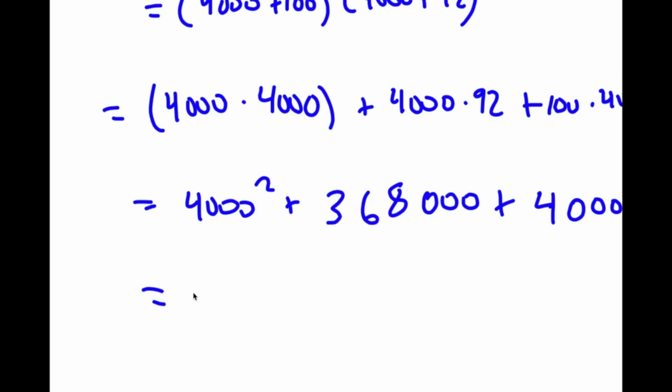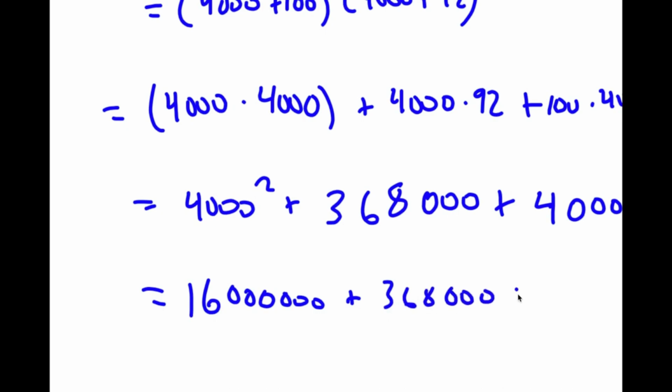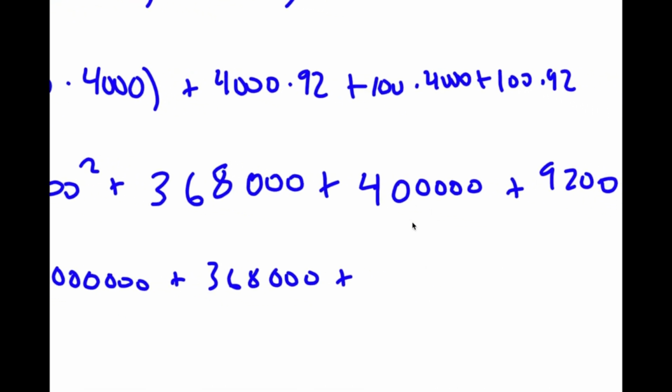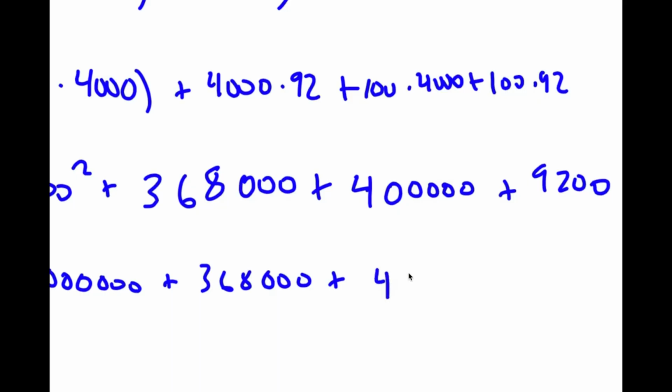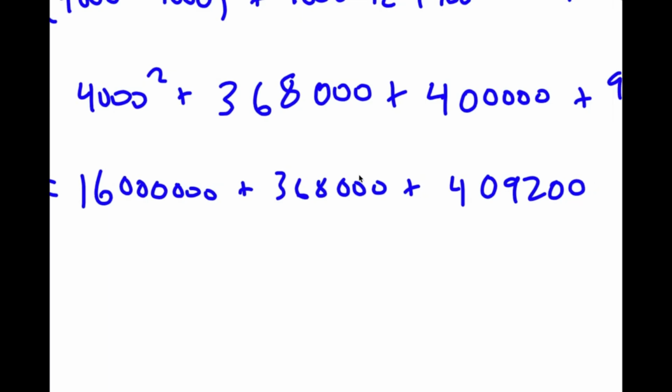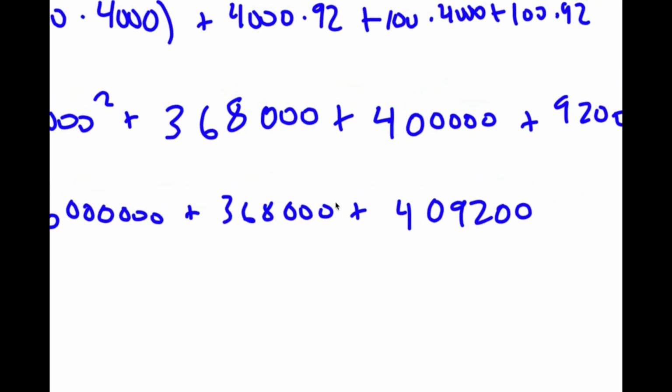Now 4,000 squared is 16 million. So I have this plus 368,000 plus 400,000 plus 9,200, which is 409,200.